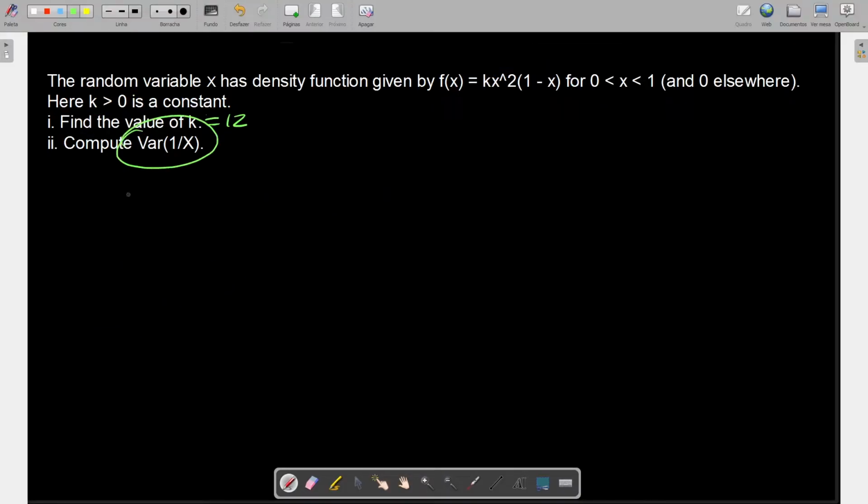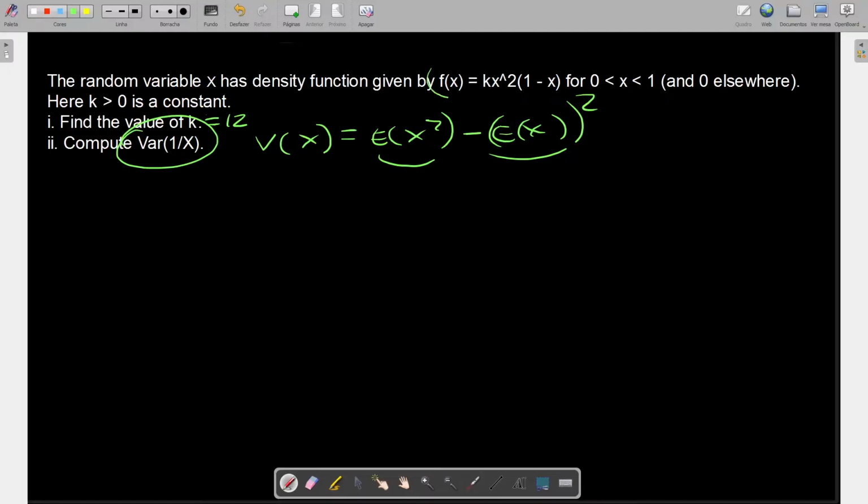Let's find the variance. We know from the properties that the variance of x is equal to the expected value of x squared minus E of x, all that squared. So essentially we need to find these two elements with this expression. So the expected value of 1 over x, which is the first one that we're trying to find, because we have this element inside.